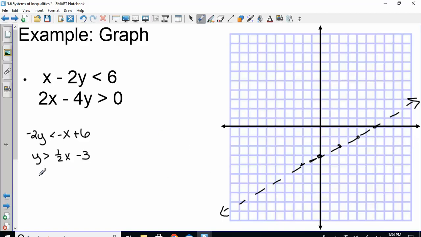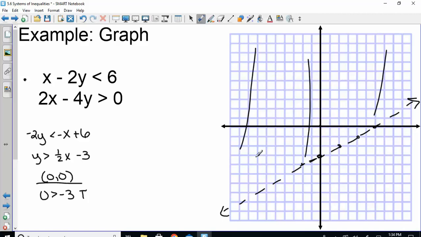So if you see that and you know that's greater than, I'm going to shade above, that's fine. You don't have to show me that you put in a test point. If you don't recognize those, you're welcome to go ahead and do that test point. You get 0 is greater than -3, and that's true. So again, we shade the side 0, 0 is, which is above the line. So we're shading everything up here.